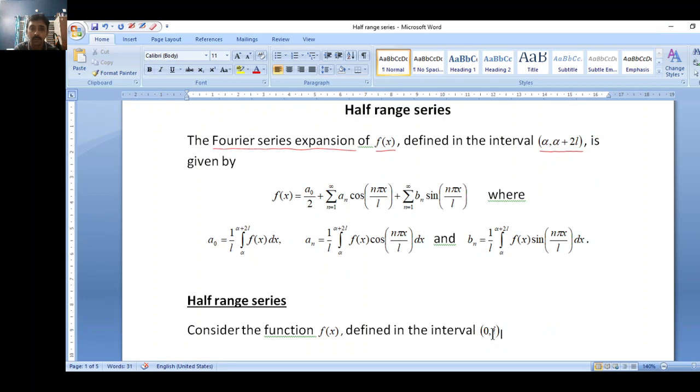Okay, so we are given a function f of x which is defined in the interval 0 comma l.